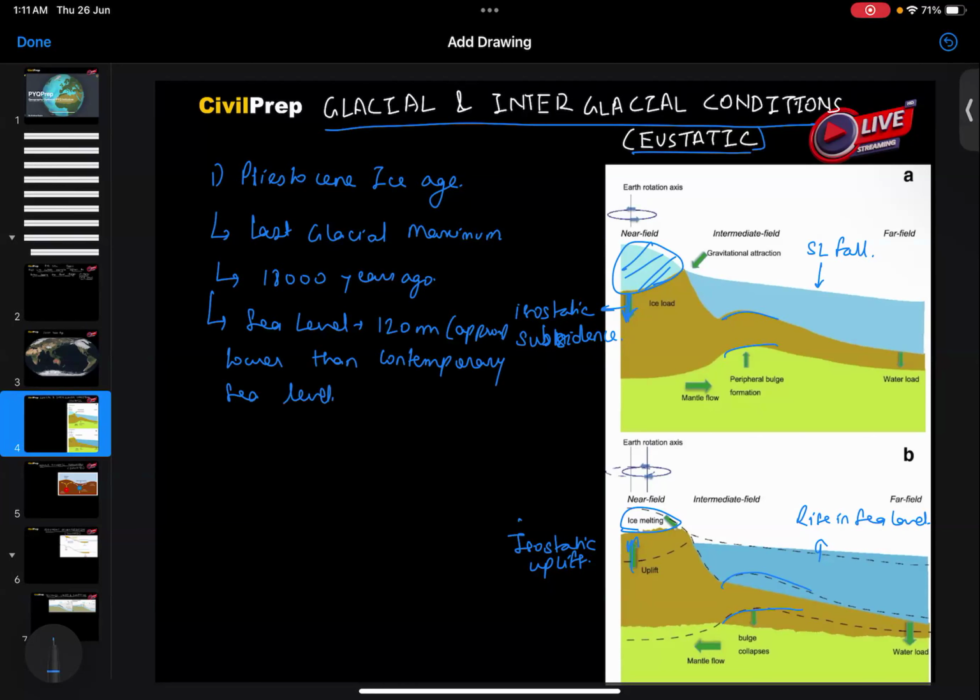This is a very big data point, providing us the data on the 120 meters. This data was given by the glacial theory of Louis Agassiz.